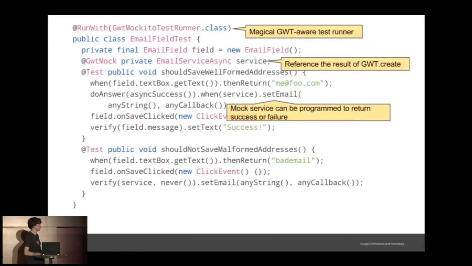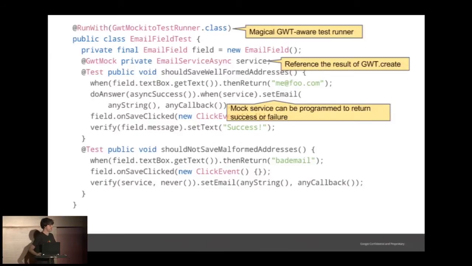And so this will mean that whenever you call set email, it'll just immediately invoke this success handler. It won't wait to go through any sort of server call. It'll just call success immediately. You can pass additional arguments to async success if the success handler requires them. You can also use async failure to test failure cases. So this together will allow you to basically program how your server will respond in any given case.